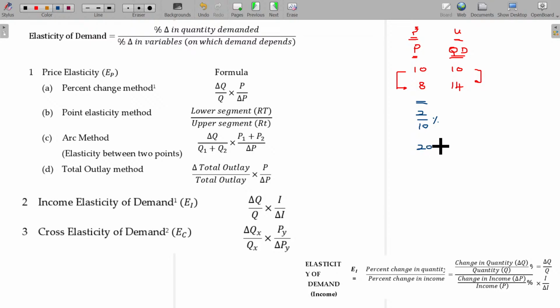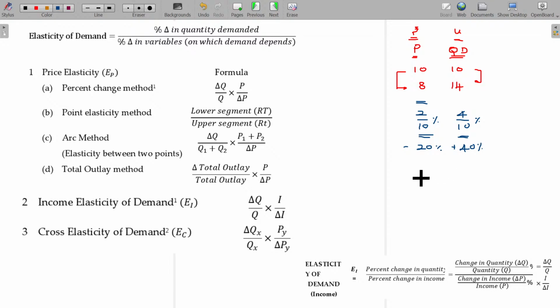And similarly, the change in quantity is 4 from the base of 10. That's a 40% change in quantity demanded. In case of price there is a decrease, in case of quantity demanded there is an increase.